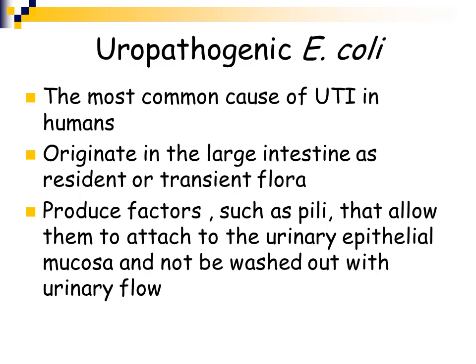So what happens is our normal flora in the intestines will sometimes cause urinary tract infections, especially in females. So in females, you have the urethra that's in very close proximity to the anus, and so you can sometimes get some E. coli that can move from the large intestines.